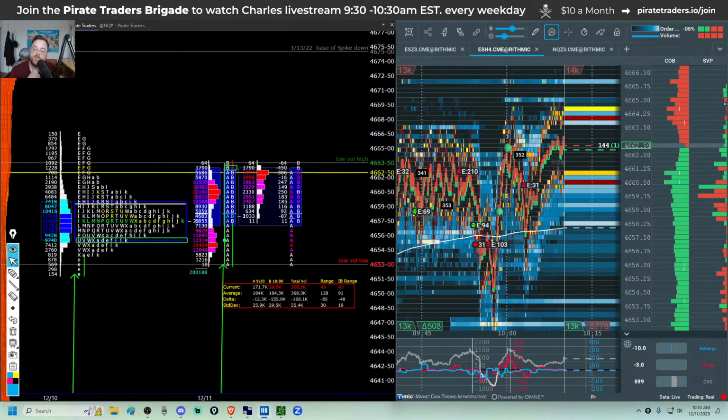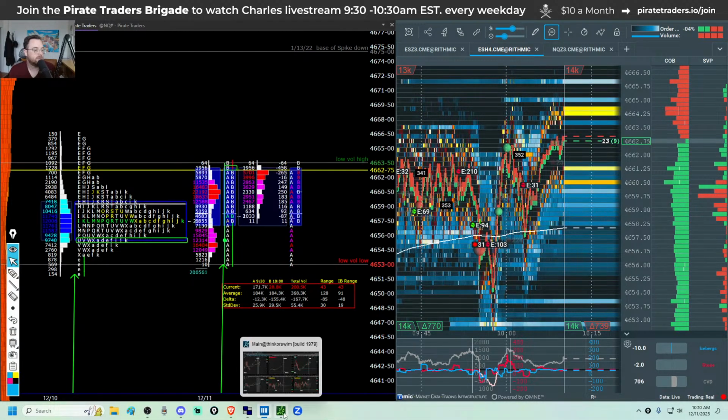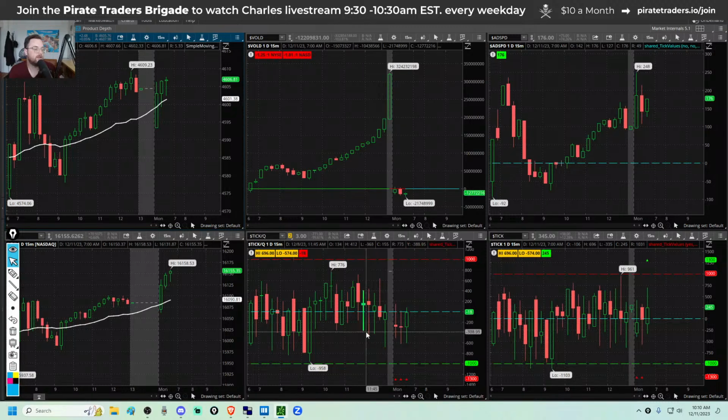Raul says, what's the TICK-Q? So this right here is what we call the market internals. It's basically four different charts that give us a different look at the moves the market is making. These are looking at the underlying assets.